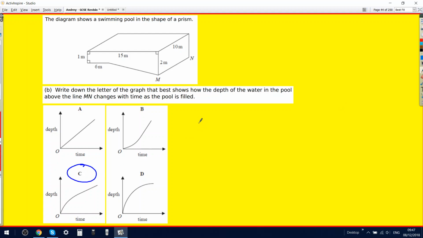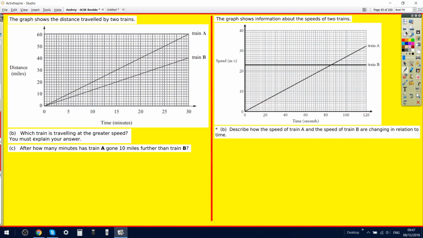So it goes up rapidly and then, yep, see. Okay, how about these?